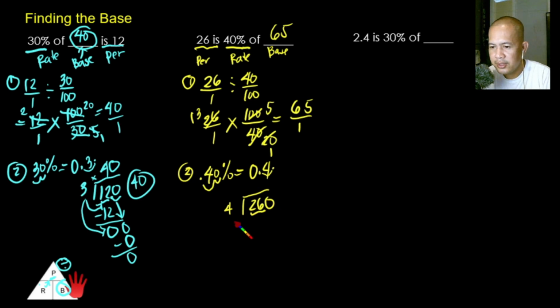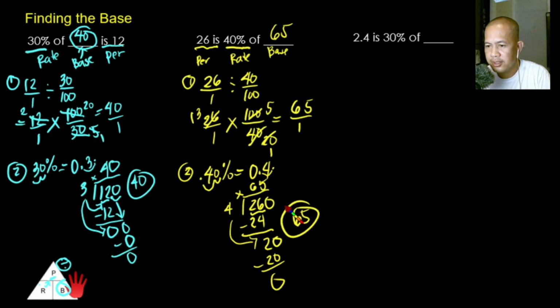So 26 divided by 4, the answer is 6 times 4, it makes 24. Subtract it. So 6 minus 4 is 2, and bring down 0. 20 divided by 4 is 5. So 5 times 4 is 20. Subtract it, 0. So we get also the same answer, 65.